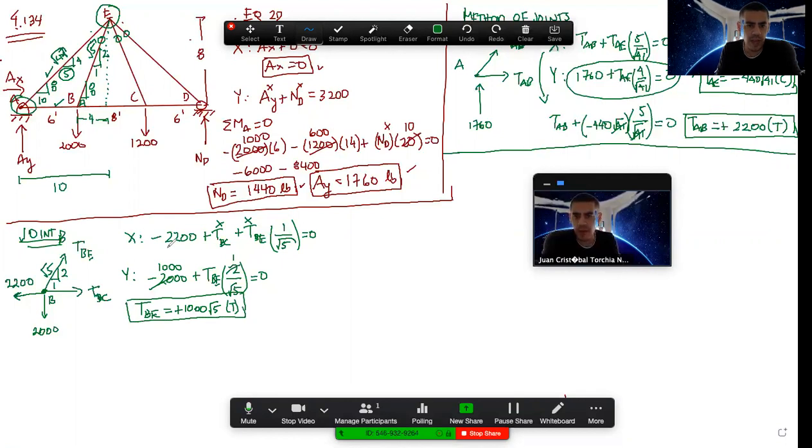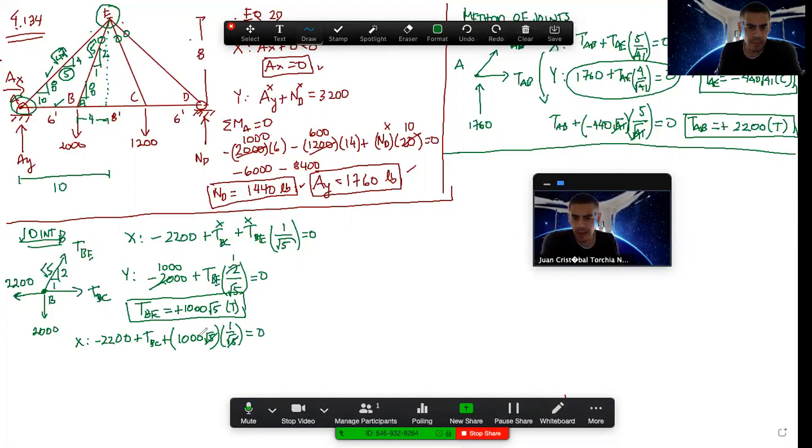Now I'm going to use X in order to find the other bar. So from X, again, I have the minus 2200. I have the plus TBC. And this I'm going to put simply plus 1000 square root of 5 times 1 over square root of 5, and I just cancel these square roots, equals 0.